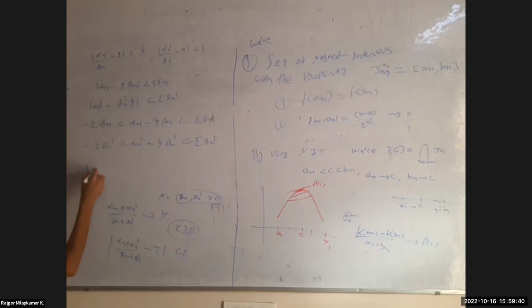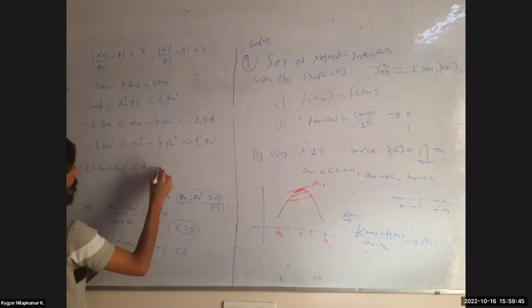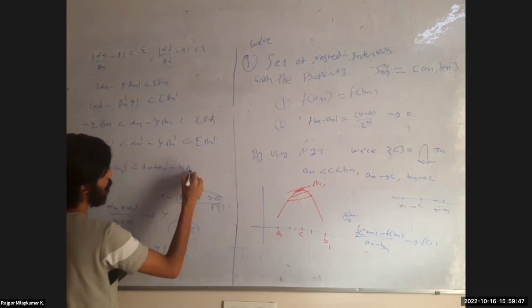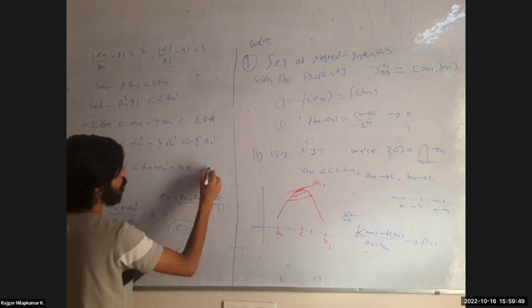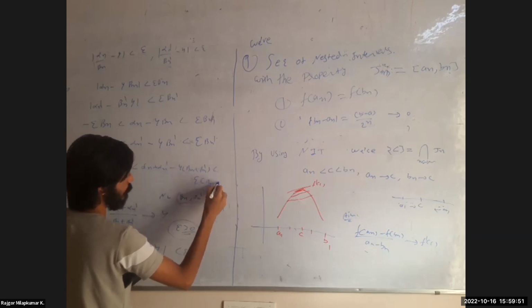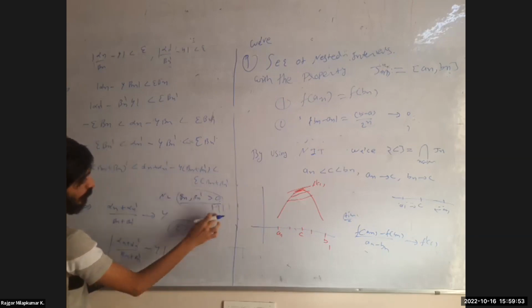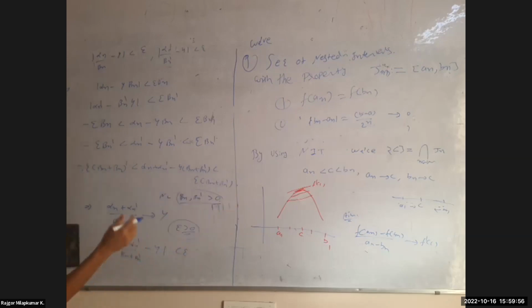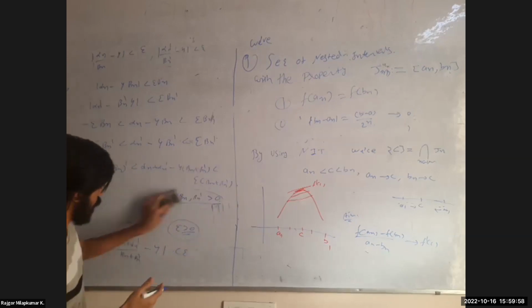Now if I just add these two, then I will have this. Right. And again, since these two are positive, the sum is also positive. So now I can take back.